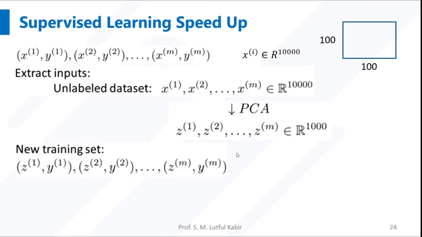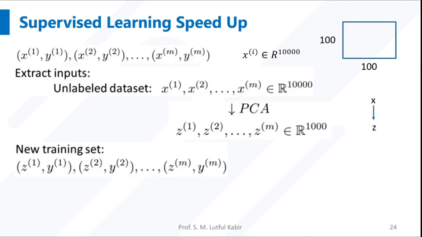So you get a new training set: instead of the given training set, you change to z1 y1, z2 y2, up to zm ym. The difference is that x1, x2, etc. were in the order of 10,000 and z1, z2 are in the order of 1000. So if you apply logistic regression or a neural network, it will be quite a bit faster now. After getting this new data set, we apply whatever method we want to apply.